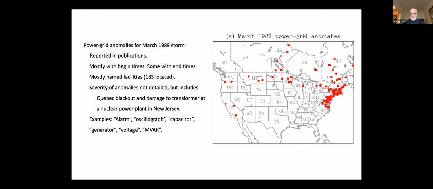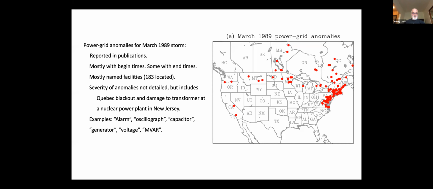I haven't tried to discriminate which anomaly was more significant than another, because honestly, it's pretty difficult to do that. I'm not an expert in power grid systems. I just assumed that if the anomaly was significant enough to be stated in a publication, it goes into the database.